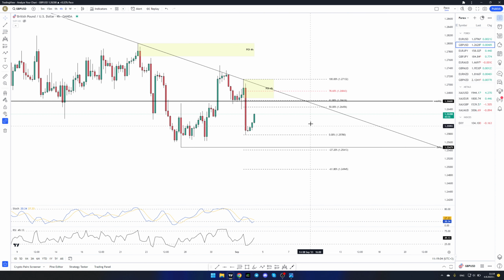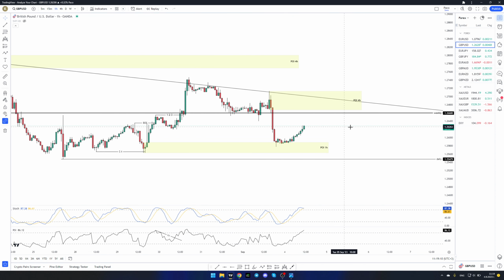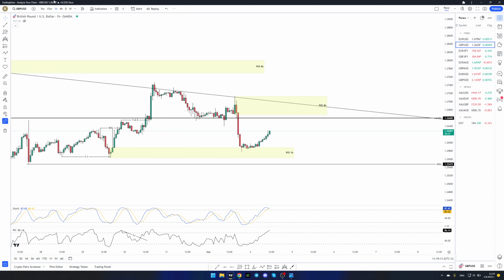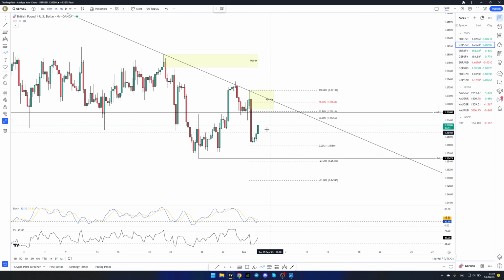So there is a chance the price here we have a point of interest which is on the 4-hour time frame. It also matches perfectly with the 1-hour time frame point of interest. So there is a chance the price to go a little bit up to reach the trend line again and to see some down movement from there.